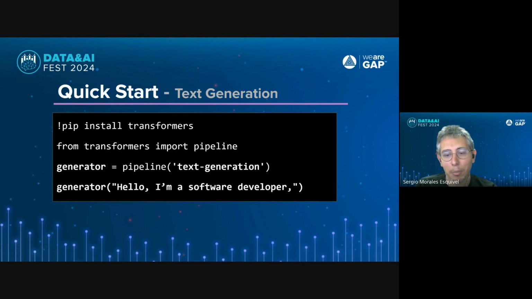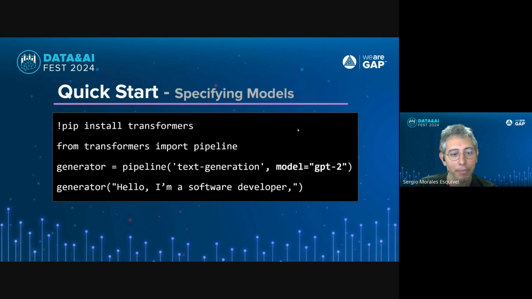And I can even pass in some of the optional parameters that the pipeline function accepts, to give me several alternatives, or to limit its response to a given number of outputs, or to be more or less creative with the temperature parameter that we're going to be seeing in some of the examples below.